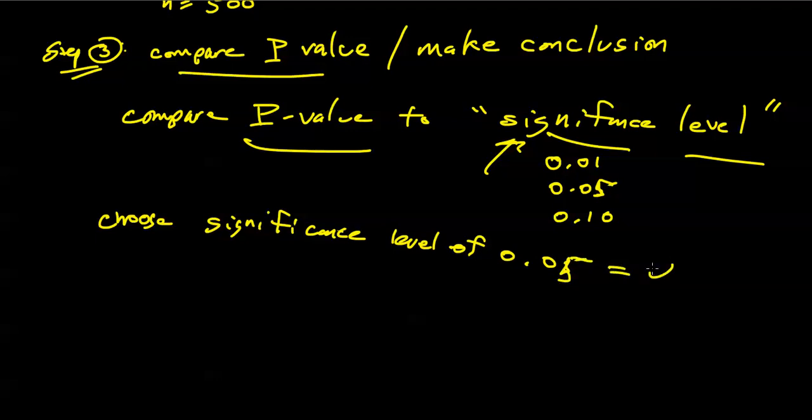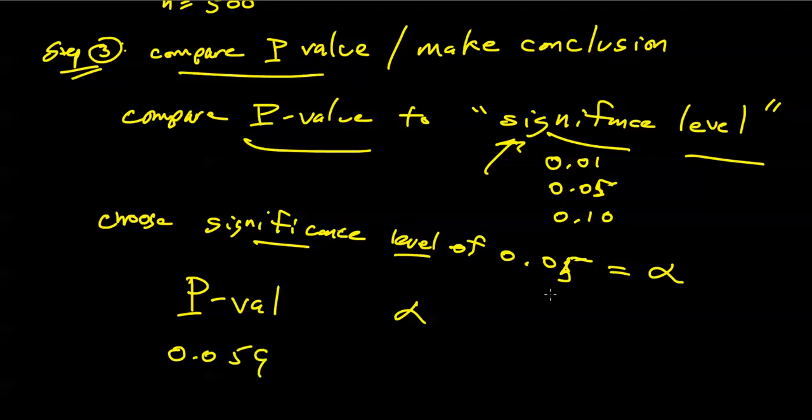Your significance level is symbolized by alpha. It determines just how significant your sample data is. And what I do is I make a little mini table here. I'll compare my p-value to alpha. Well, the p-value the calculator computed was, I'll call it 0.059.